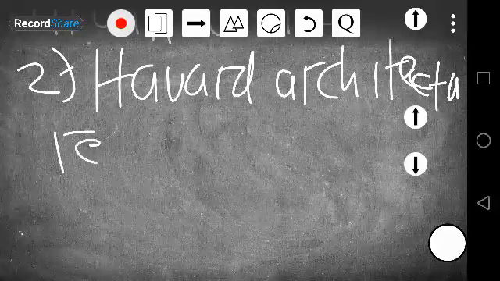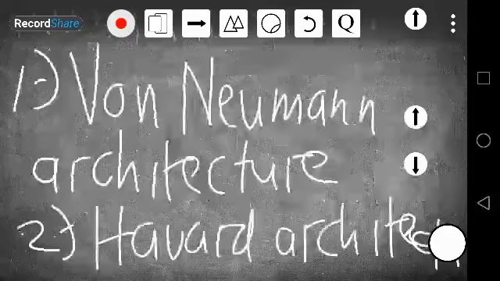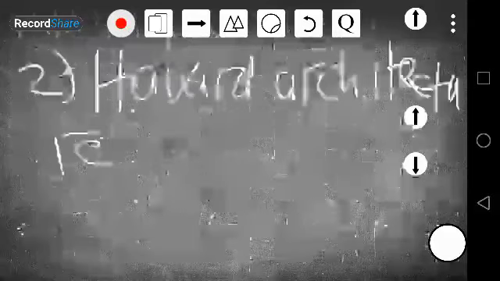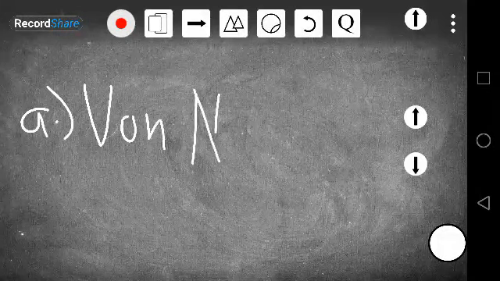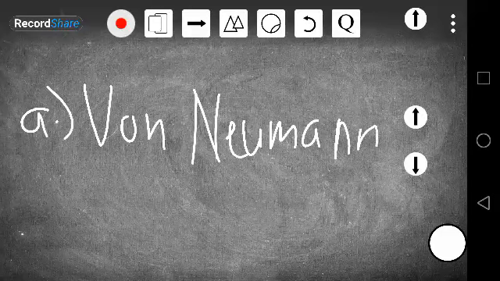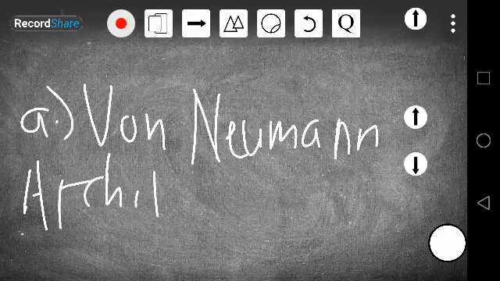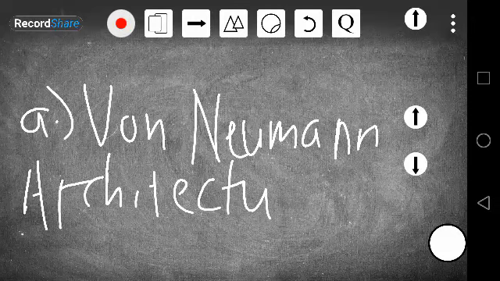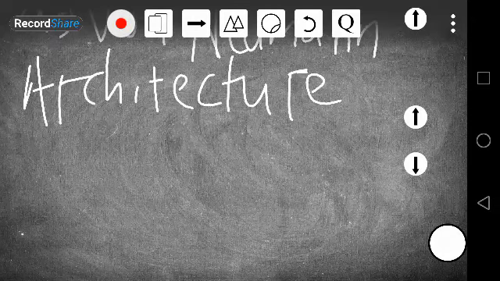So these are the two types of architecture that we have in computers. Now let's look at the von Neumann architecture. We need to look at this one in more detail.